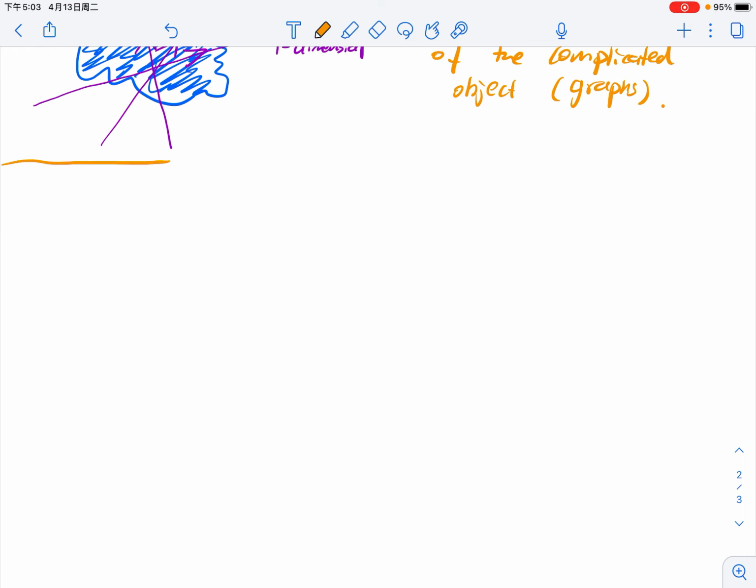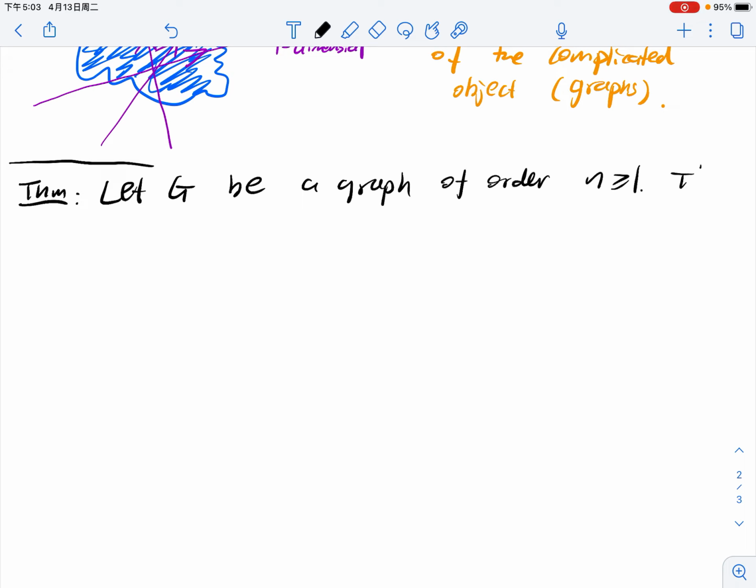Okay, after we define something, usually we want to ask what property does it have. So here we have an important inequality. Let G be a graph of order n greater than 1, then the chromatic number is between 1 and n.